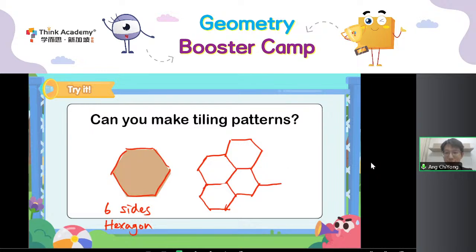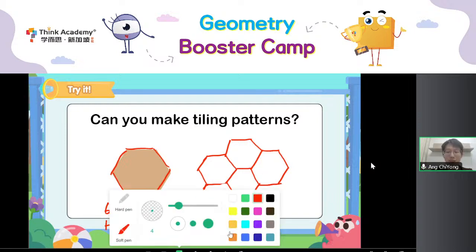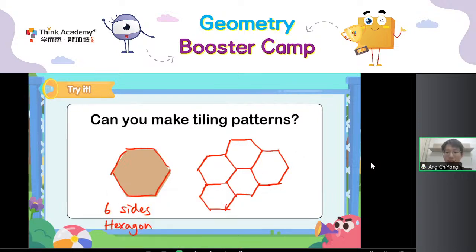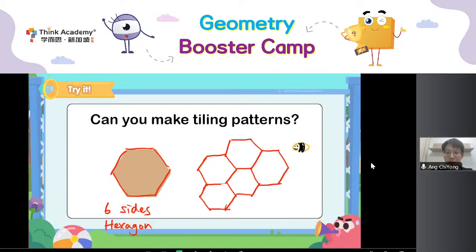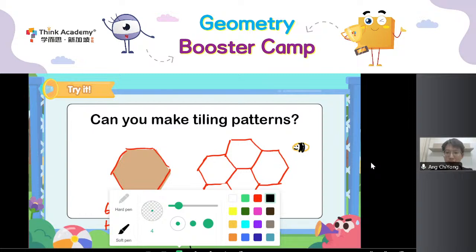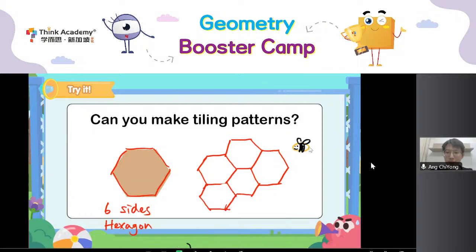Okay, does anyone remember or know where can you find these shapes? Let me give you a hint. This is a bee.